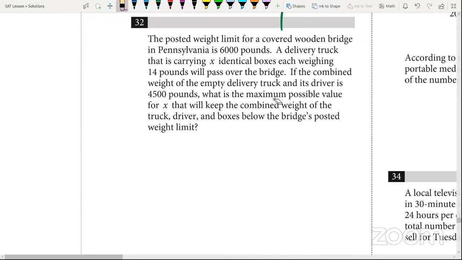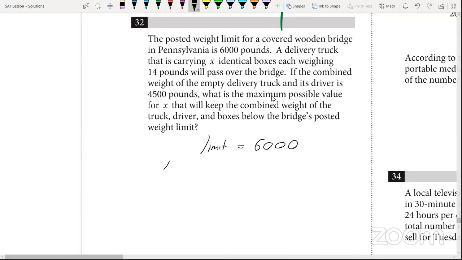So the weight limit is 6,000. A truck has X identical boxes weighing 14 pounds. The weight of the truck and the driver is 4,500. What's the maximum value for X that'll keep everything below the weight limit? So the total limit is 6,000.